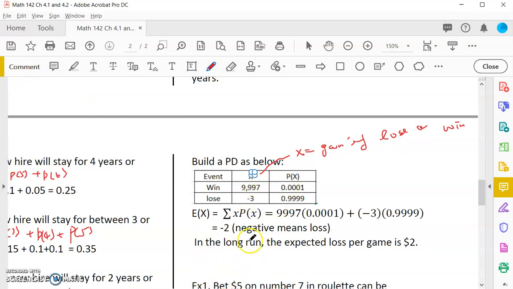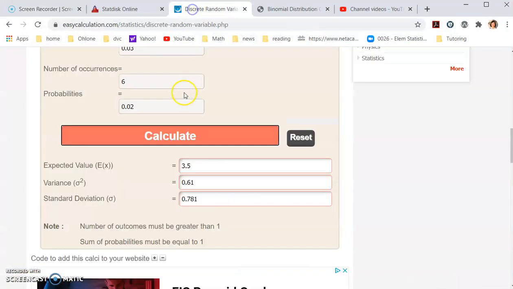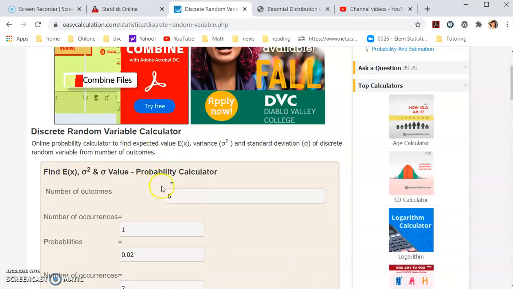9997 and then 0.0001. We only have two outcomes, right? The two outcomes are not counting occurrences, but the money that you earn. The money that you earn is 9997, but the chance of it happening is only 0.0001.